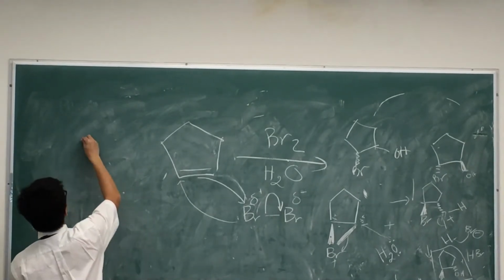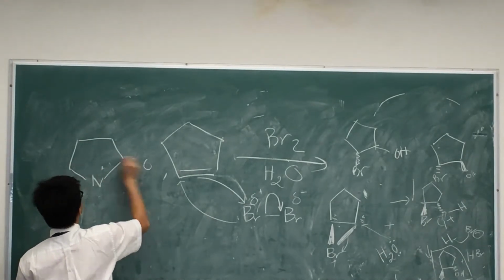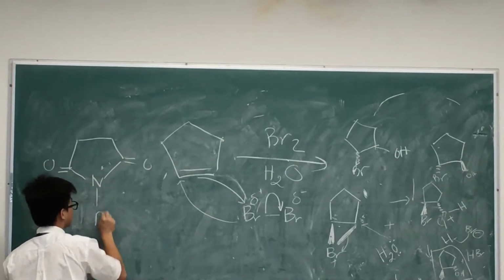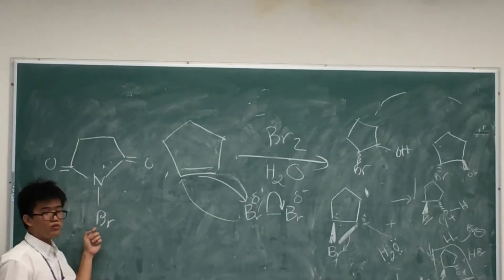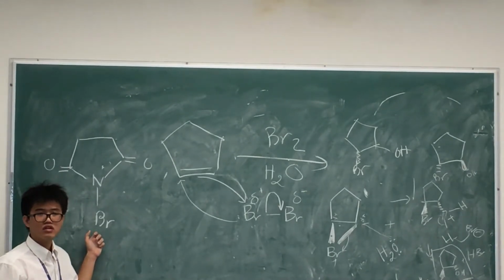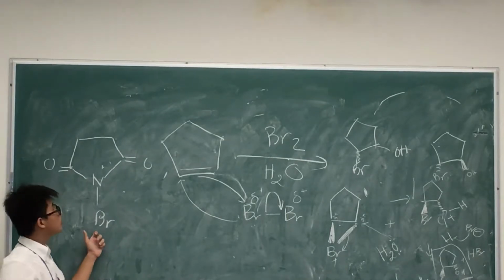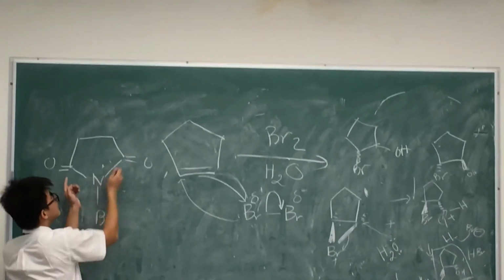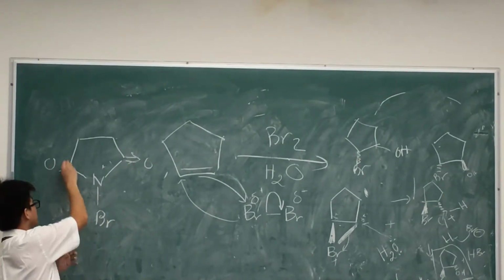Okay, now I will explain what the meaning of this one is. Tell me what happens with this Br, positive or negative? Huh? No. Look at this one, carbonyl group, electron withdrawing group.